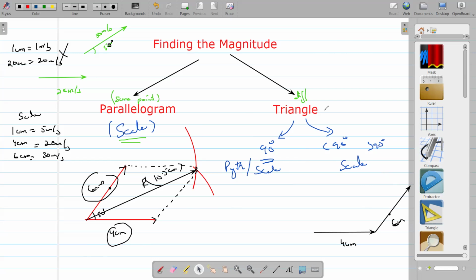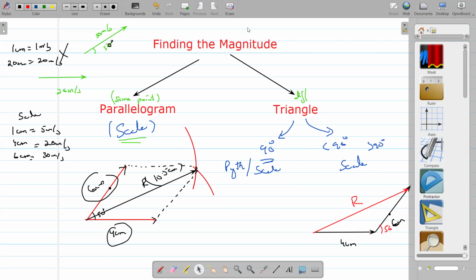And what about the resultant here? The resultant is always from the tail of the first to the head of the last. When we join the tail of the first to the head of the last, that will be our resultant. So the only difference between the triangle method and the parallelogram is that in a parallelogram, both vectors start from the same point, whereas in the triangle method, we scale first and use the head to tail rule to draw the first vector, then the second vector, and from the tail of the first to the head of the last, that will be the resultant.